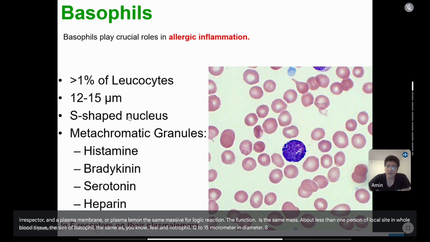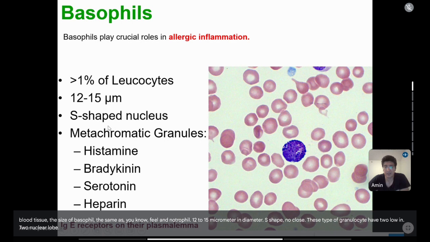S-shaped nucleus: this type of granulocyte has two nuclear lobes. Okay, these two nuclear lobes form an S-shaped nucleus. Okay, metachromatic granules, the same as mast cell, such as histamine, bradykinin, serotonin, and heparin.